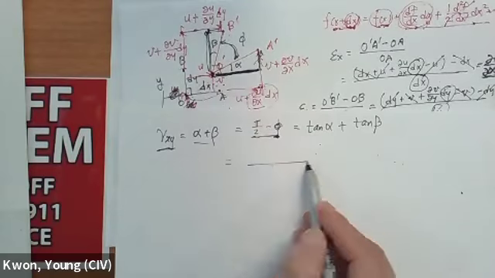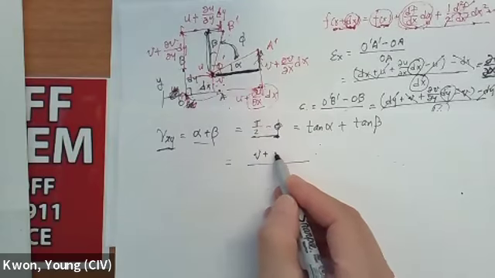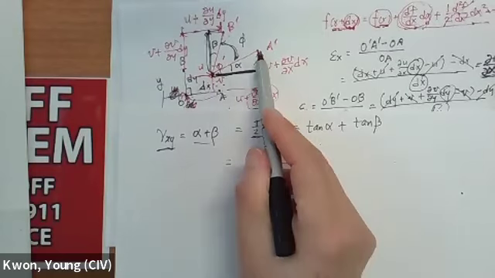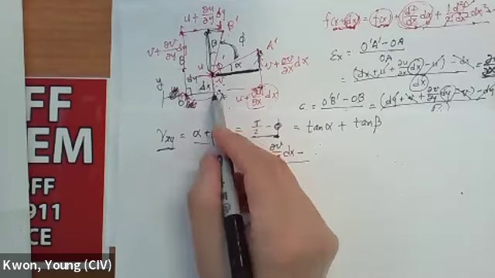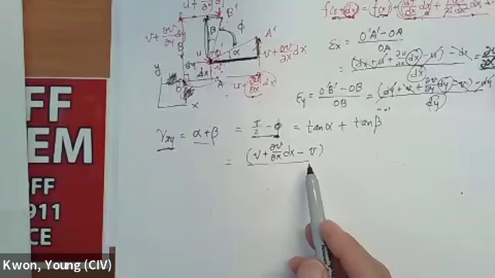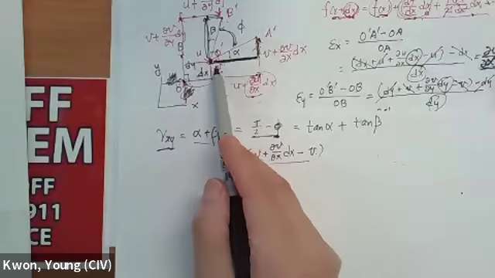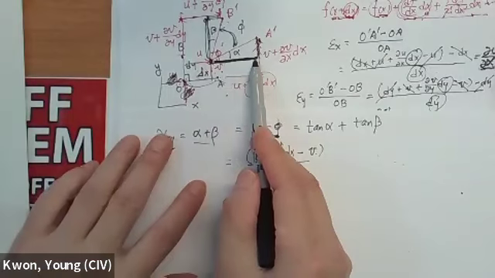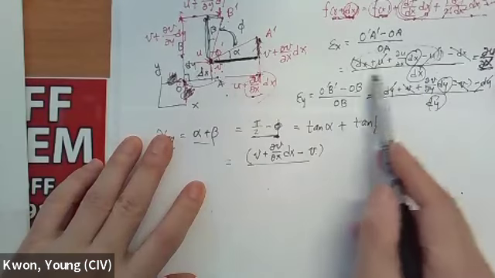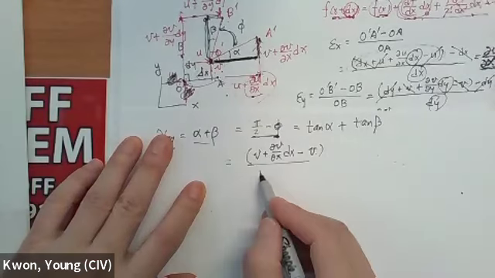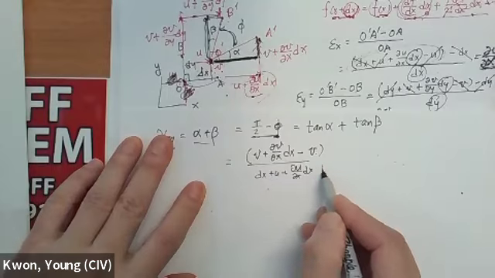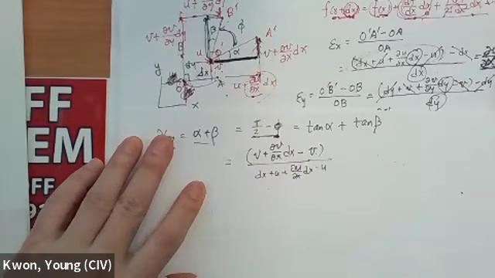What is this? That is going to be v plus dv/dx dx, that's from here to here, minus v. That's going to be this distance, right? Correct? And divide by this, which is dx plus u plus du/dx dx minus u, more precisely.